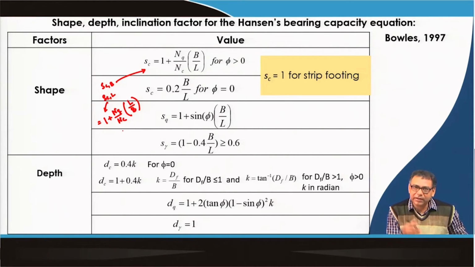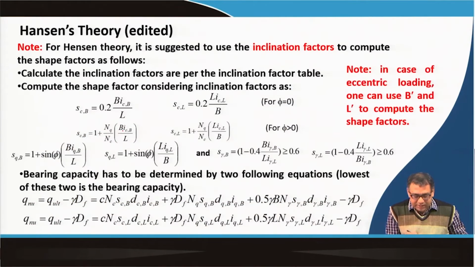First, we have to calculate the inclination factors, then modify these equations, because you can see that if it is SCB, this ICB you have to multiply with B. If it is SCL, then this will be L, this will be B, and we multiply with ICL.